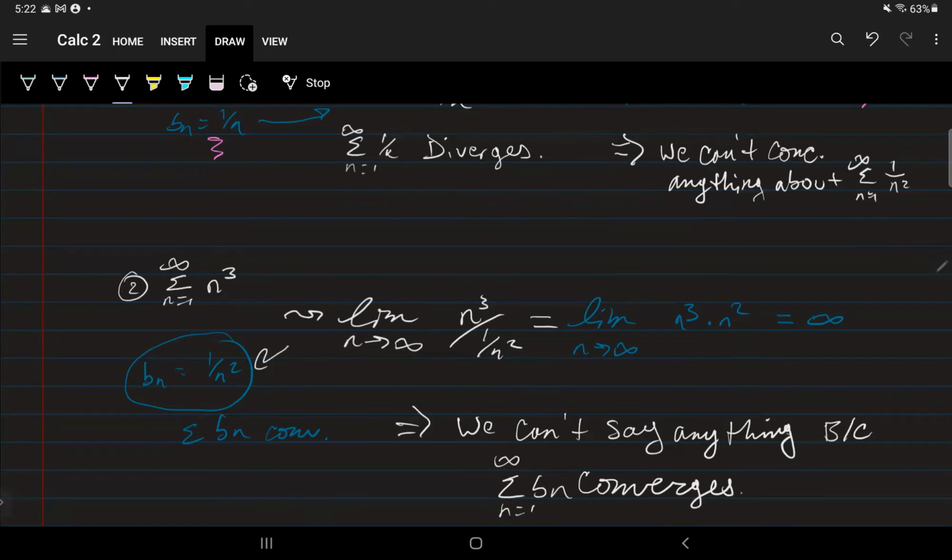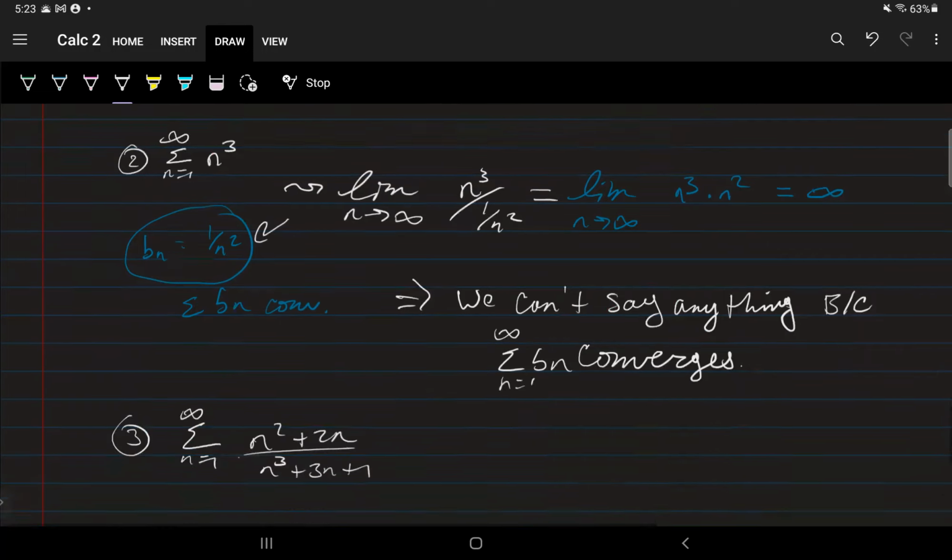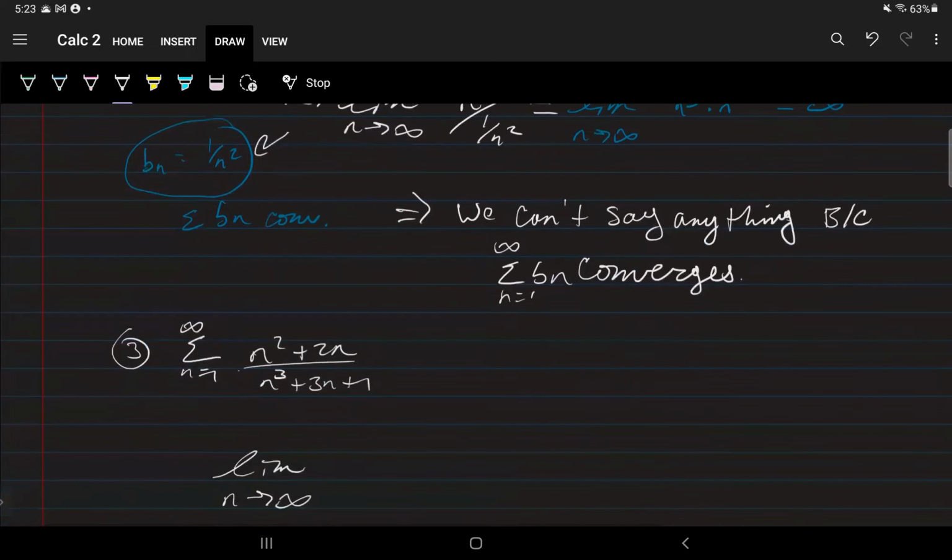But like I said before, that doesn't really matter. We don't need a limit comparison test in this case because we already know the sum of n cubed diverges by the divergence test.